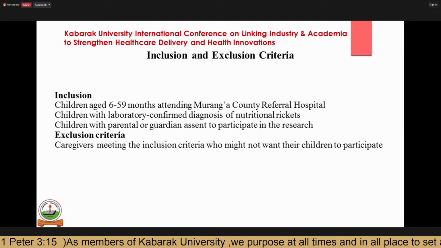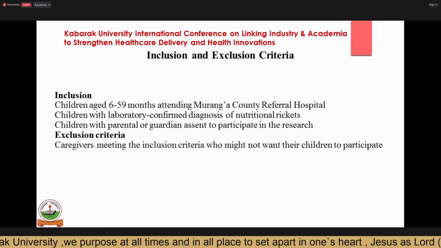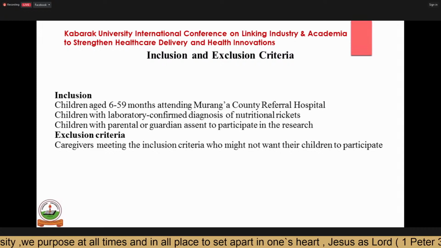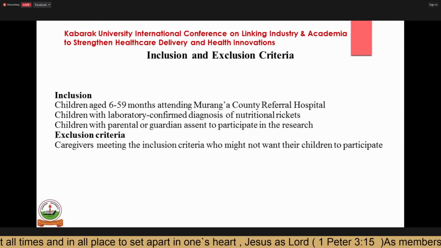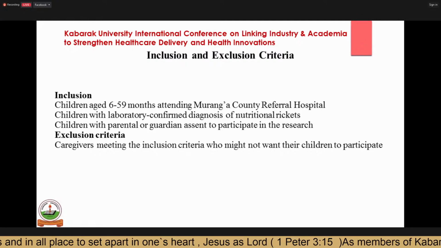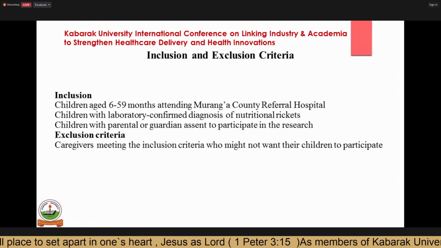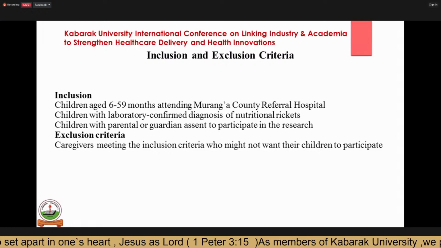My inclusion criteria is that children aged 6 to 59 months attending this Moranga Referral Hospital, children with laboratory confirmed diagnosis of nutritional rickets, and children with parental or guardian assent to participate in this research will be included.